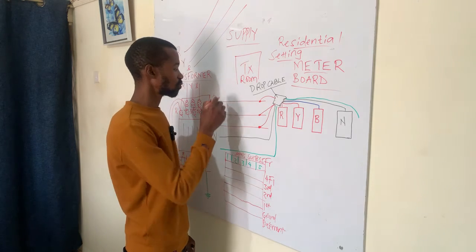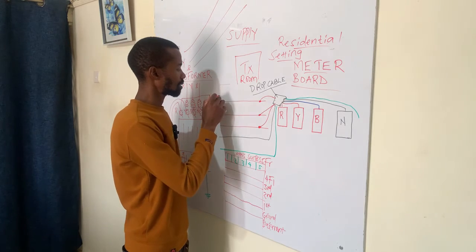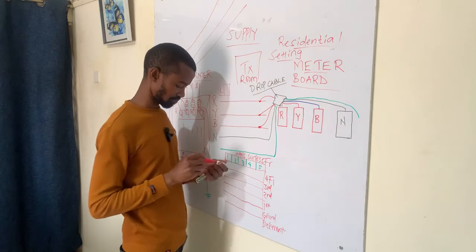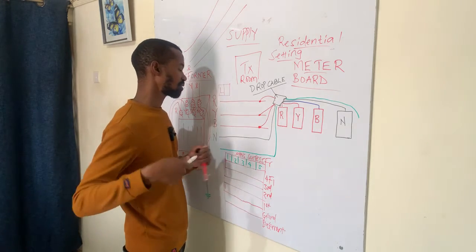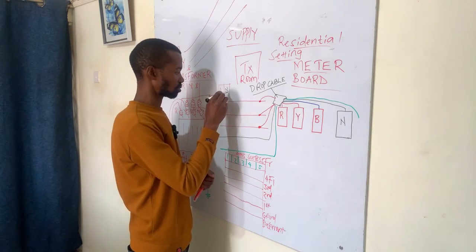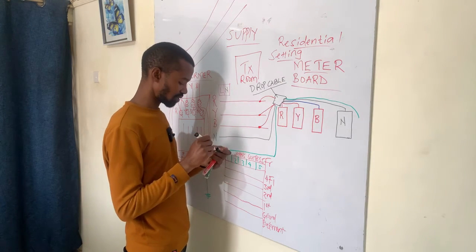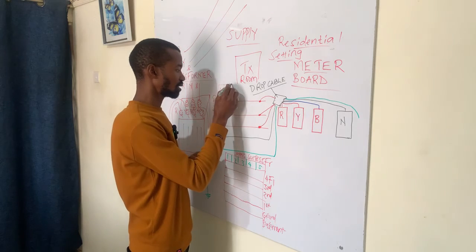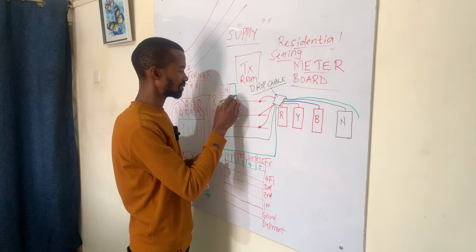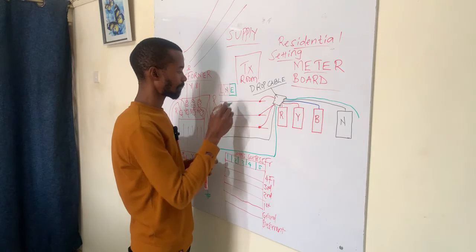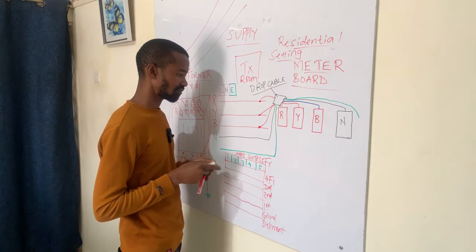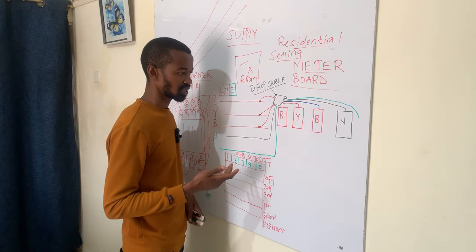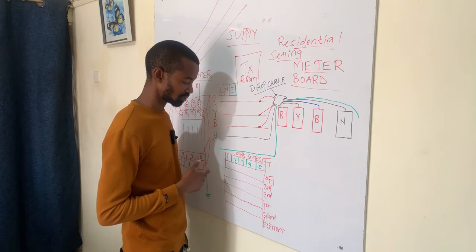Then it means that we have single phase connections, meaning we have the live, and we have the neutral connection. Of course, we have the earthing connection, but for today's lessons, we are specifically insisting on the live and the neutral when it comes to three-phase connectivity, load balancing, as well as phase balancing.